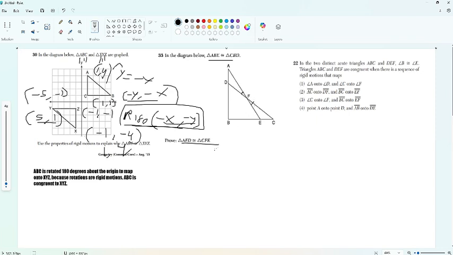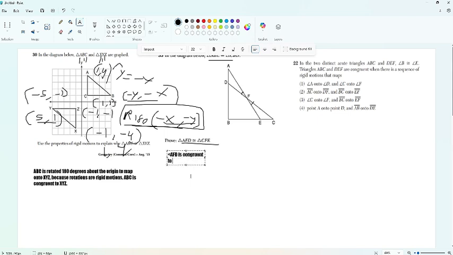Let me break that down. So angle AFD is congruent to angle CFE by the vertical angle congruence theorem.